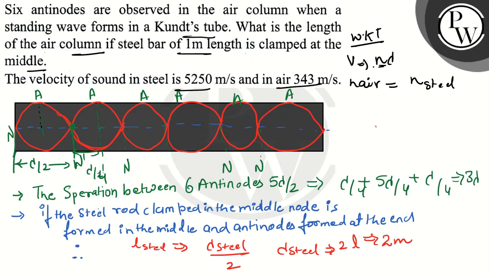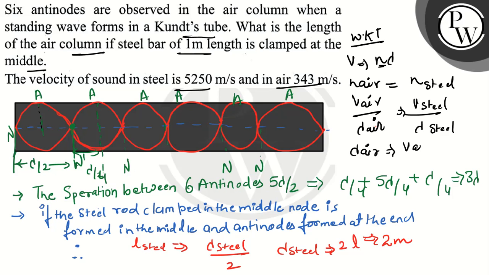So find the value of n from here: V air by lambda air is equal to V steel upon lambda steel. So lambda air comes out to be V air upon V steel into lambda steel. The values are given in the question already.